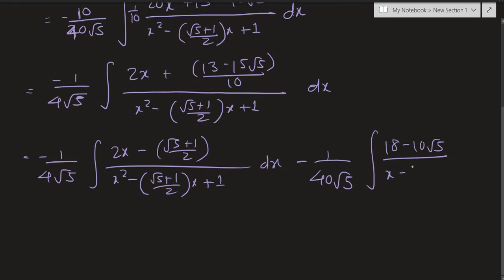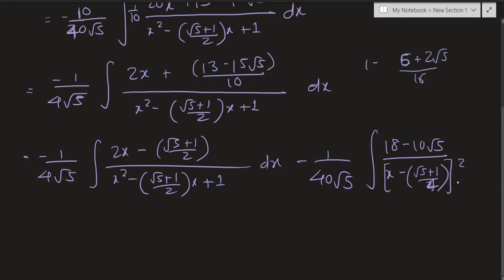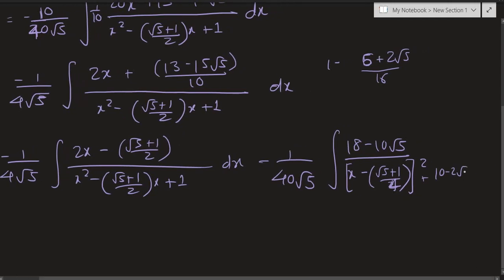So x minus root 5 plus 1 by 2, 4 actually, because we're dividing by squared, and we're going to have plus 10 minus 2 root 5 here, minus 2 root 5 by 16, but I'm going to write this as the square of this square root, just to use the formula for the inverse tangent later on.